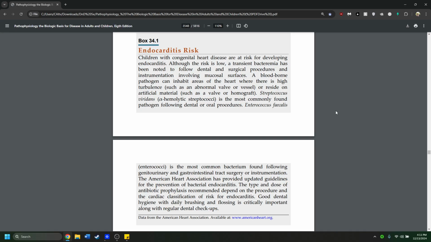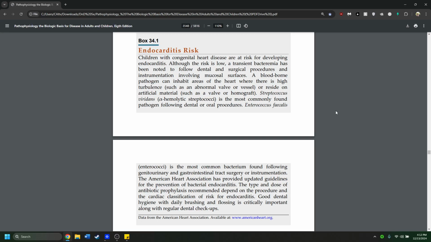A blood-borne pathogen can inhabit areas of the heart where there is high turbulence, such as an abnormal valve or a vessel, or reside on artificial material, such as a valve or a homograft. Streptococcus viridans, an alpha hemolytic streptococci, is the most commonly found pathogen following dental or oral procedures. Enterococcus faecalis, or enterococci, is the most common bacterium found following genitourinary and gastrointestinal tract surgery, or instrumentation.